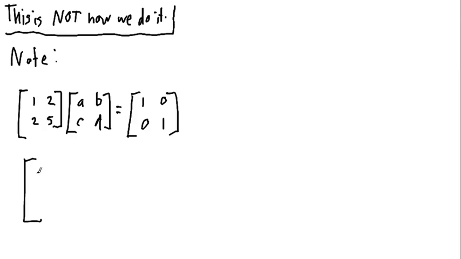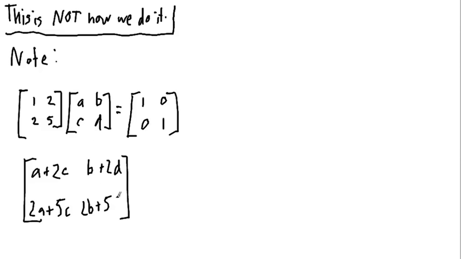I get 1 times A plus 2 times C. I get 1 times B plus 2 times D. Down here, I get 2 times A plus 5 times C. And down here, I get 2 times B plus 5 times D. And that is equal to 1, 0, 0, 1.